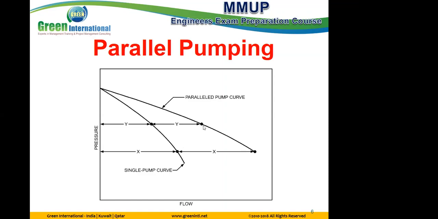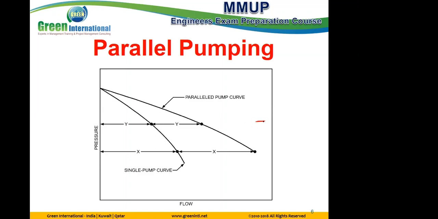Because for parallel flow, if these two pumps are equivalent, the first one takes Q1 and the second one takes Q2. At the end, we obtain Q1 plus Q2. So for the main line, before you distribute into two, we have this one plus this one. Here, I will show you.